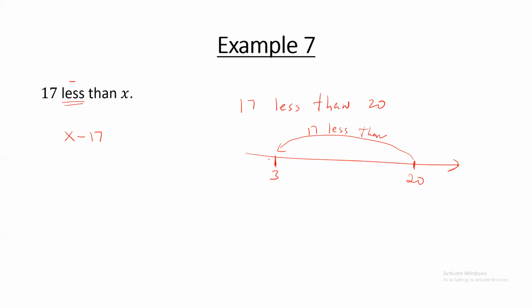We're 17 less than 20. It's 20 minus 17. It's a little bit of an awkward phrasing because this is the correct way to write it in English, but when we translate it to math, you have to reshuffle the x and the 17. So I wanted you to be comfortable with this example. That's why I'm explicitly talking about it. When you see less, it is subtraction, but you have to switch the two numbers.